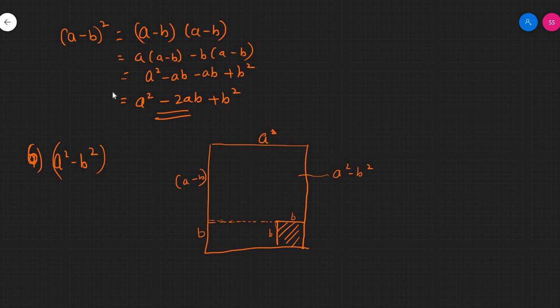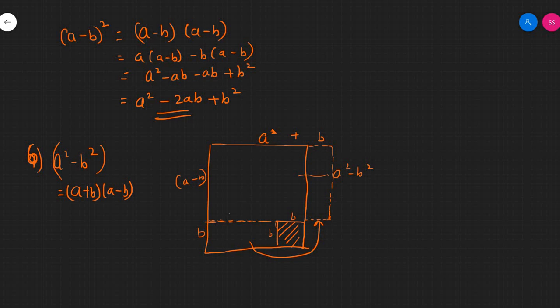And what you can do is you cut this piece and bring this piece of paper here. That would give this a little bit of extension, and this would give a b to this. This makes it a plus b. So the same area, a squared minus b squared, is a plus b into a minus b visually.